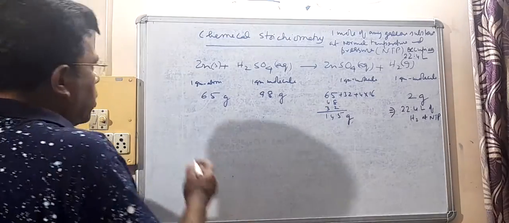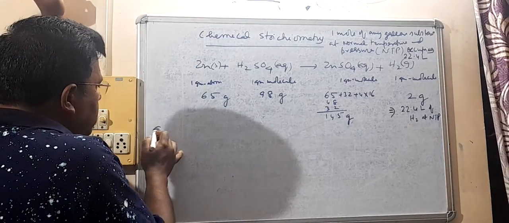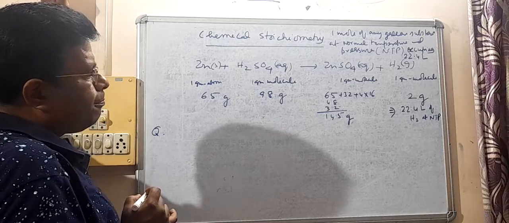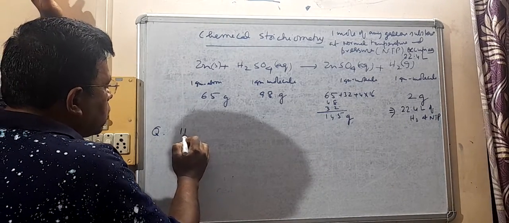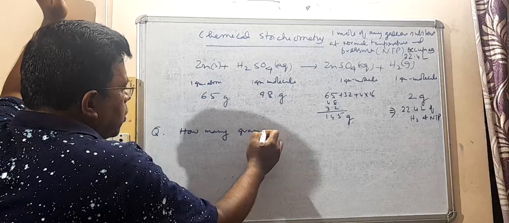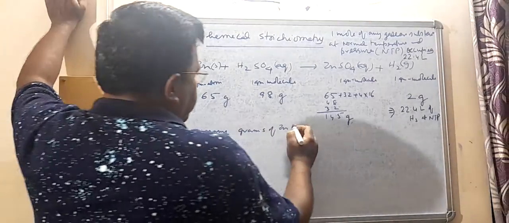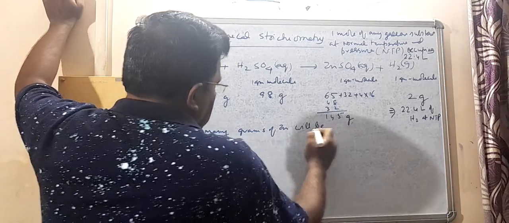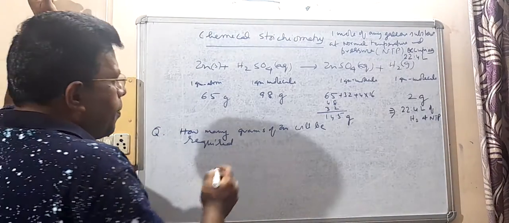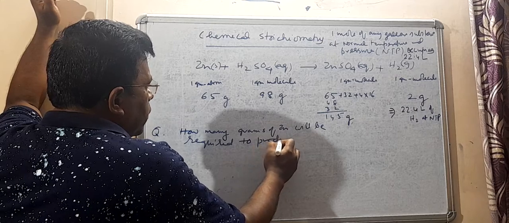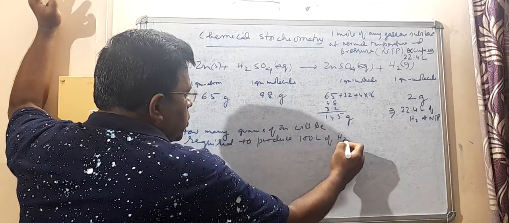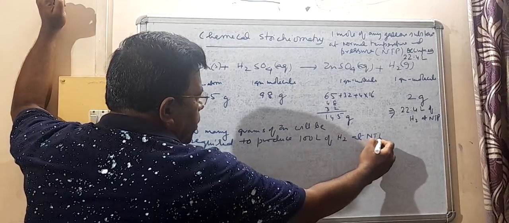So let us do a question here. How many grams of zinc will be required to produce, say, 100 liters of hydrogen at NTP?